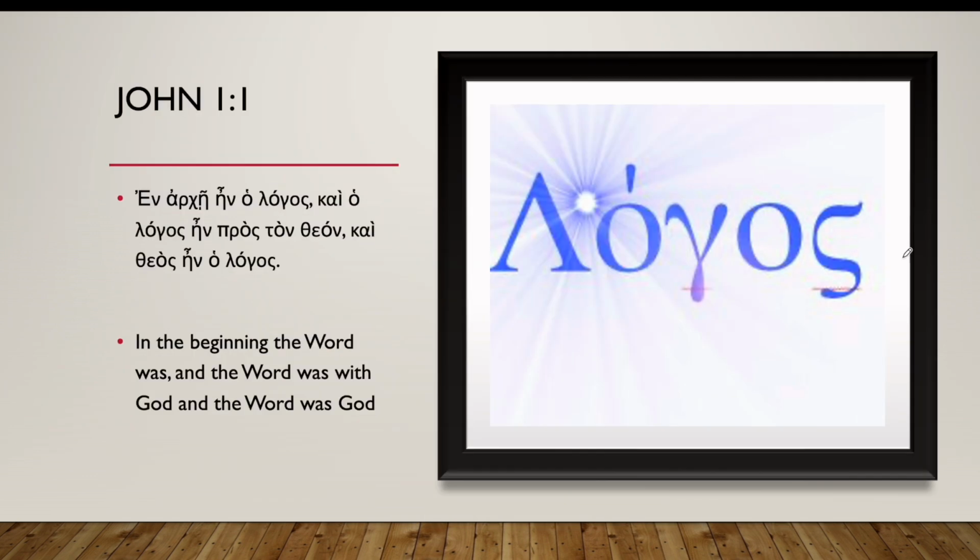Okay, so here's an example of εἰμί from John chapter 1. Ἐν ἀρχῇ ἦν ὁ λόγος, καὶ ὁ λόγος ἦν πρὸς τὸν θεόν, καὶ θεὸς ἦν ὁ λόγος. In the beginning was the Word, and the Word was with God, and the Word was God.